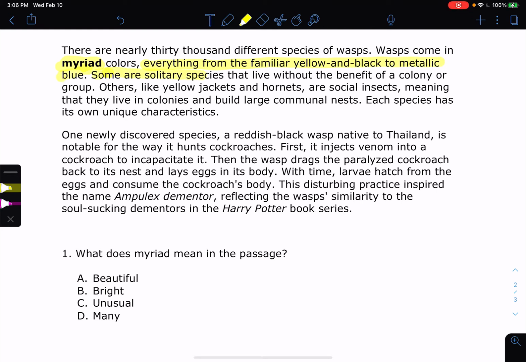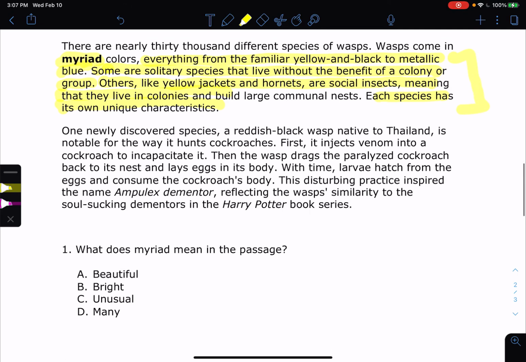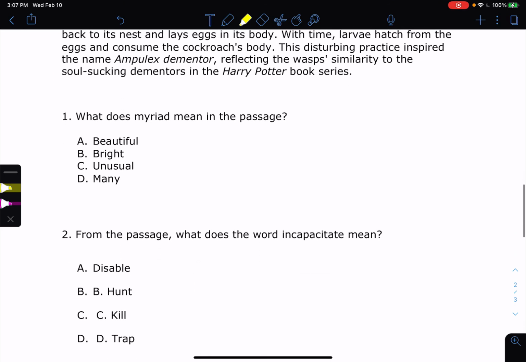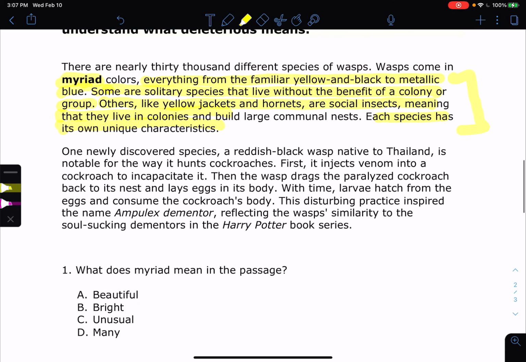Some are solitary species that live without the benefit of a colony or group. Others, yellow jackets and hornets, are social insects, meaning that they live in colonies. Each species has a unique characteristic. So they just gave you an example of many different types of wasp. I don't even have to continue reading to know what myriad means, right?